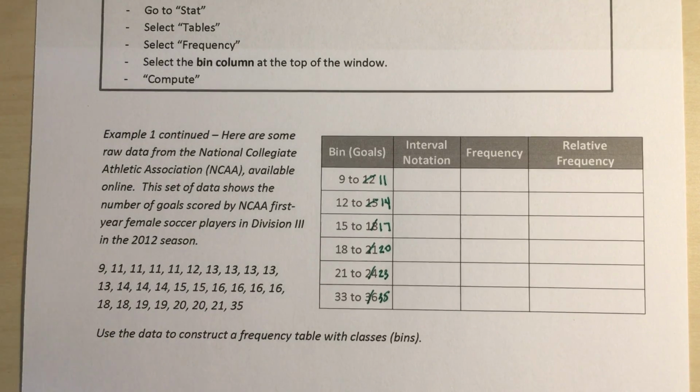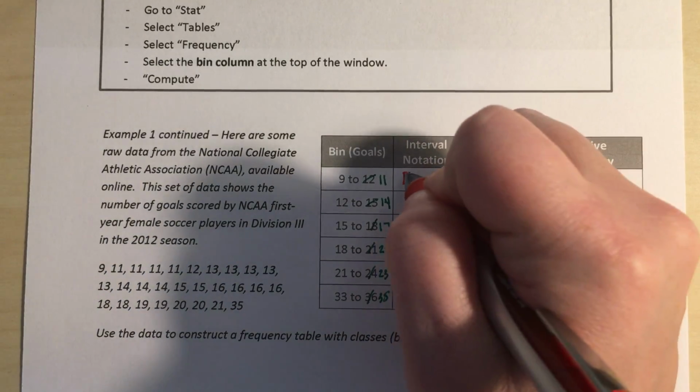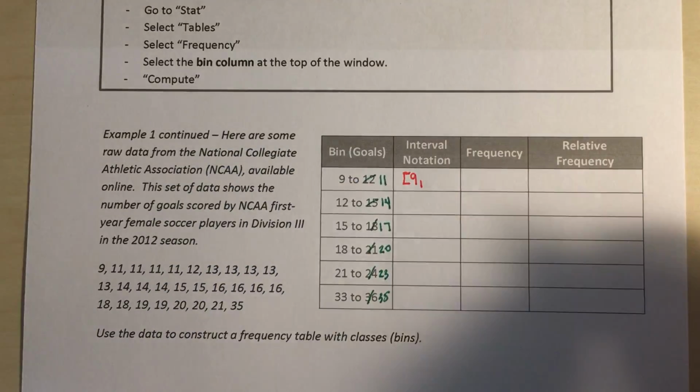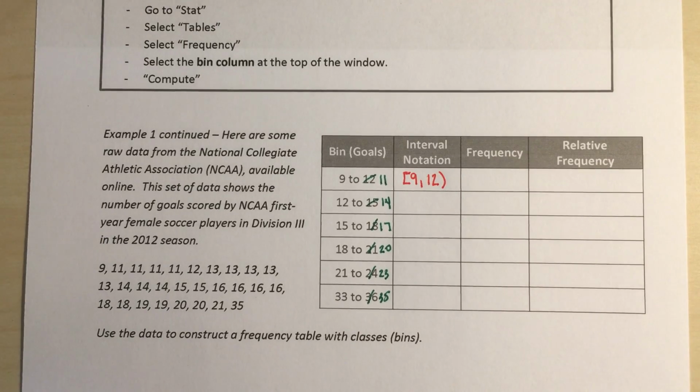One way we can show this mathematically is by using interval notation. Interval notation shows us a range of values, and whether or not the numbers on the ends are included is shown by different symbols. So for this first bin or class from 9 to 12, I'm going to write 9 with a square bracket, and then 12 with a parenthesis. The square bracket means that the 9 is included. The parenthesis means that the 12 is not included.